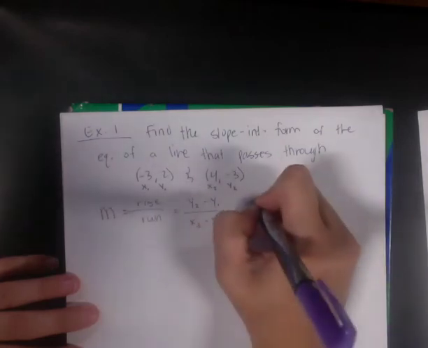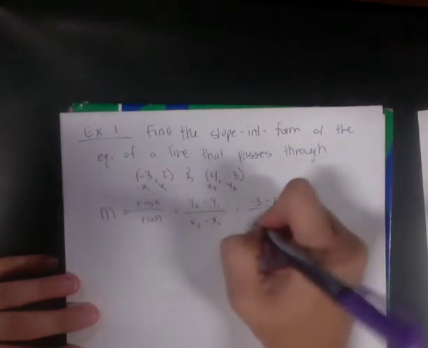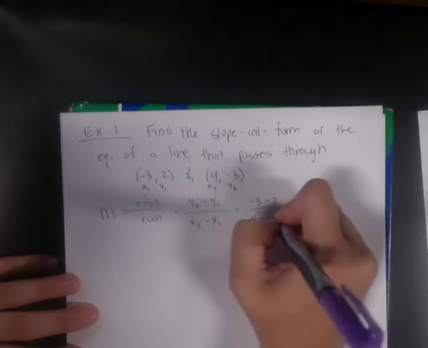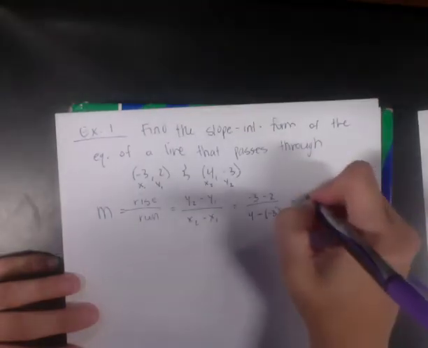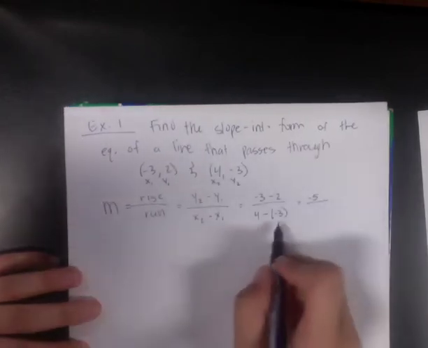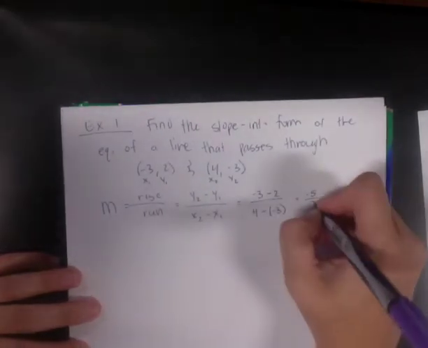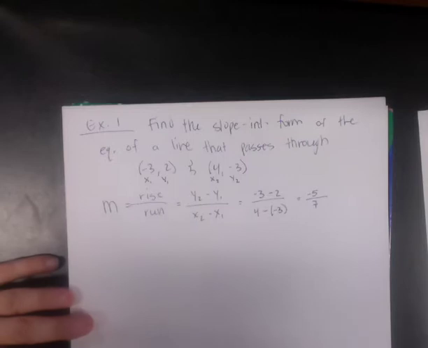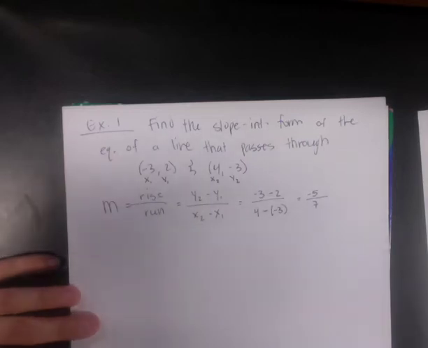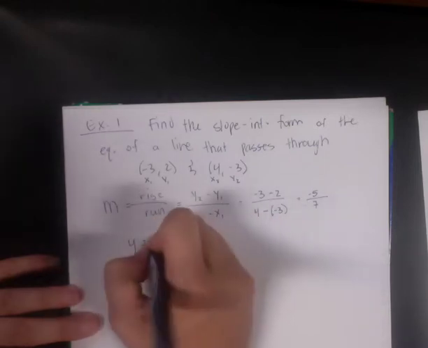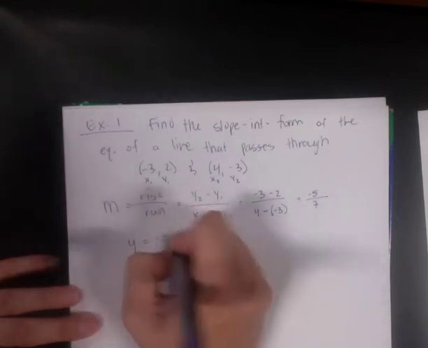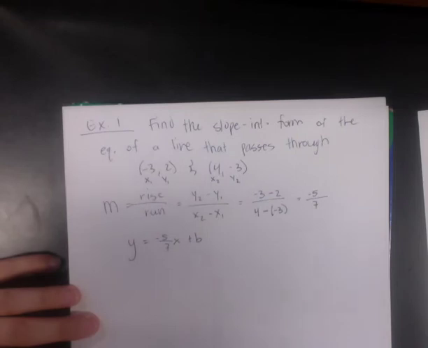So my slope is y2 minus y1 over x2 minus x1. -3 minus 2 gives me -5, and 4 minus -3, 4 plus 3, gives me 7. So my slope is -5 over 7. So far I have y equals -5 over 7 x plus b.